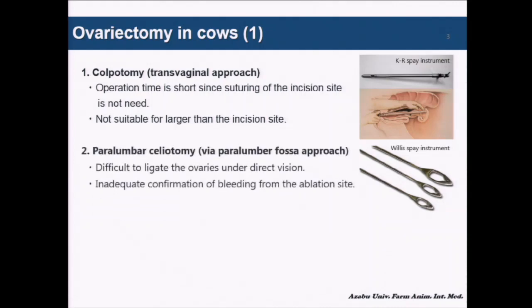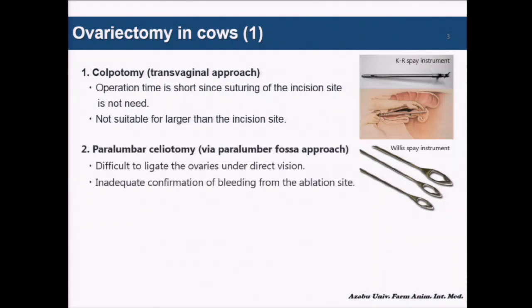A flank incision is chosen for large ovarian abscesses or tumors. However, with this procedure, if the cow has a small uterus, perhaps due to being nulliparous or non-pregnant, the ovary cannot be ligated under direct vision.